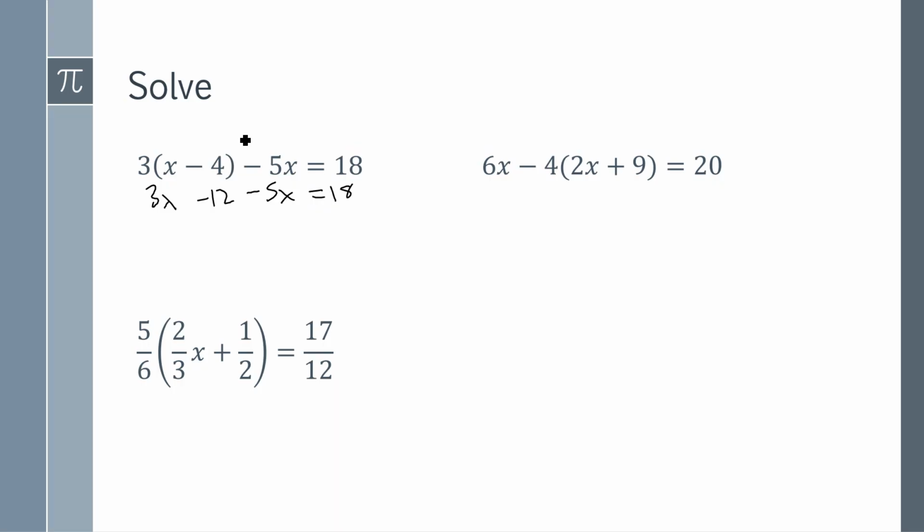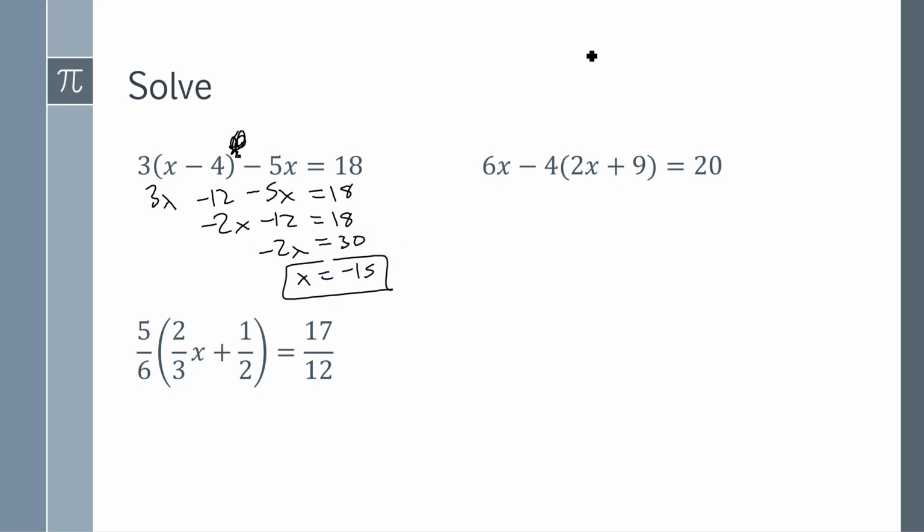Now, I'm just saying, if this had a square right there, then you could not distribute in. But luckily it doesn't. So now we have 3x minus 5x, that's negative 2x. And copy down everything I didn't use. Add the 12, that gives me 30. Divide by negative 2, gives me negative 15.